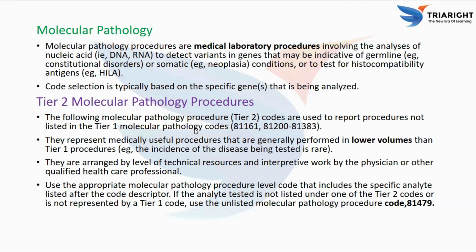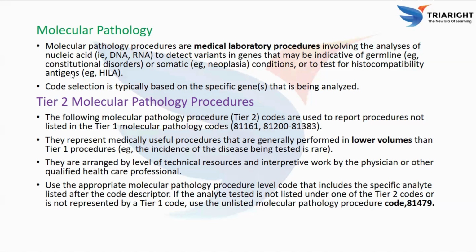So what is the key coding rule here? Molecular pathology CPT coding is based upon which gene is being tested, but not the method used. Even if PCR, sequencing or other methods are used, the code depends upon the specific gene. What are the two main categories? Tier 1 codes are commonly tested genes with their own specific CPT codes.